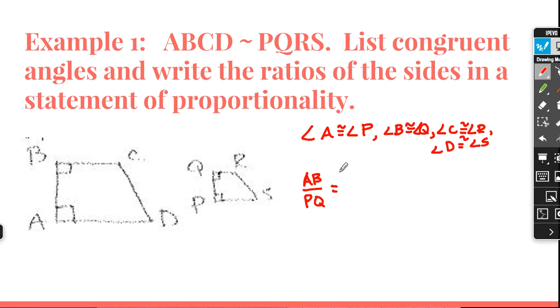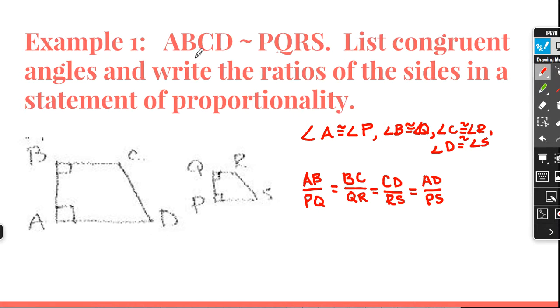Let's move on to BC. If I'm looking at side BC, it will be proportional to QR. If I use CD, CD will be proportional to RS. And finally, DA or AD will be proportional to PS.